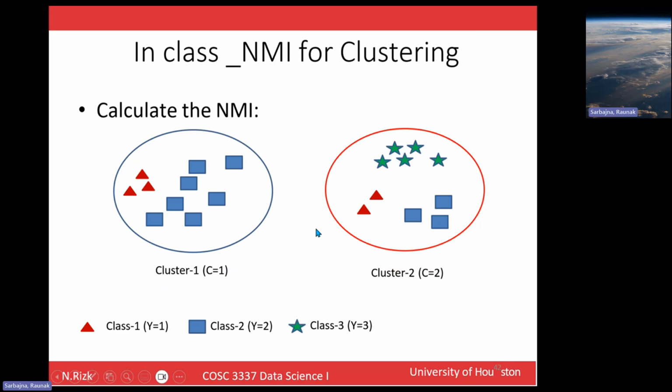Again, this is up on Canvas, so you can download the slide and look at it yourself and do it. But you have till 6 o'clock to do it. And you will get points. What points?